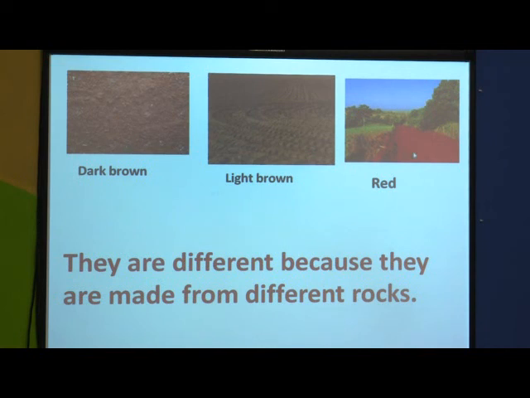Because they are different. Why? Because they are made up from different rocks. Can you see here different types of soil? These soils are all made from different rocks. That's why they look different, they feel different. Understood till here? Shall we move to the next?